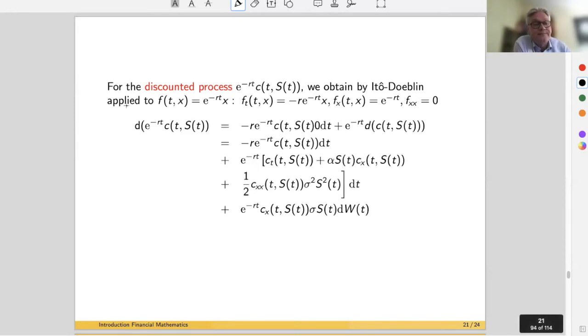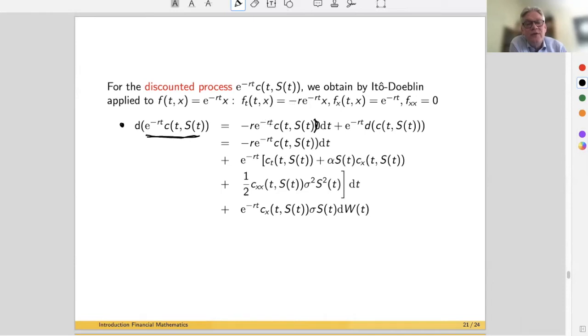Let's do that. The change in the discounted option value, d of e to the power minus RT C_T, is then minus R e to the power minus RT C of T and S_T dt, related to the first derivative.